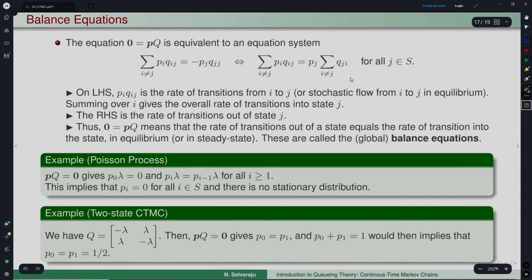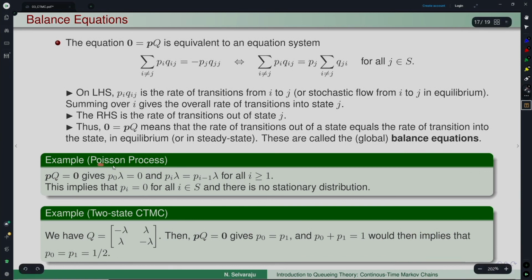This set of equations means that the rate of transitions out of a state equals the rate of transitions into the state. That is what you expect in equilibrium, or for steady state to hold: these two rates must be equal. So, this is the flow balance equation that you have, and hence these are called the balance equations, or global balance equations.